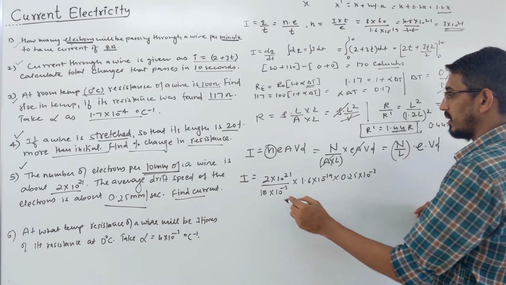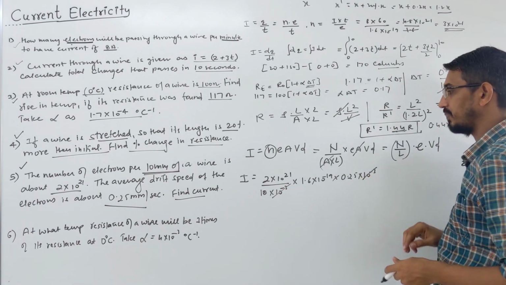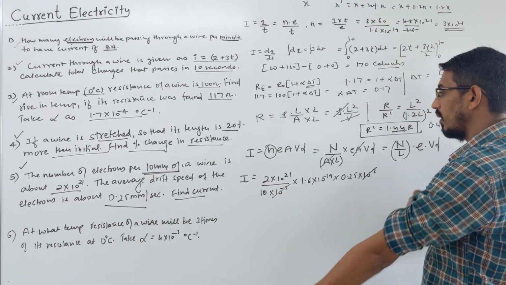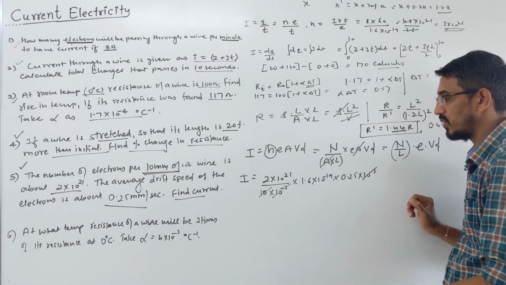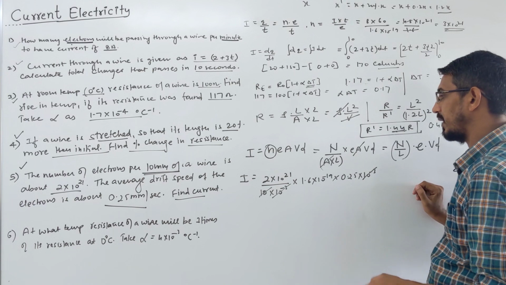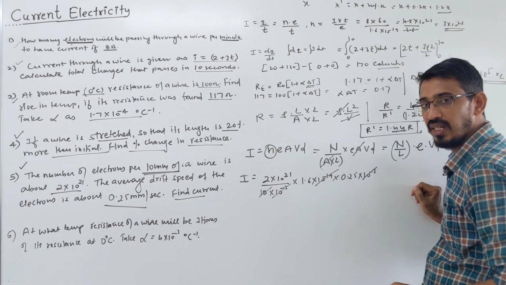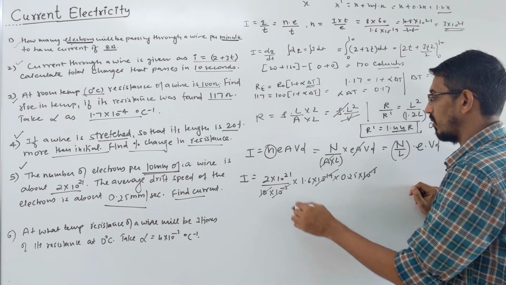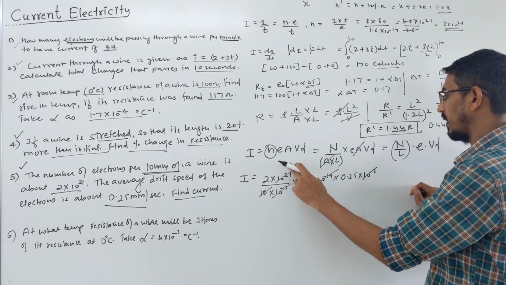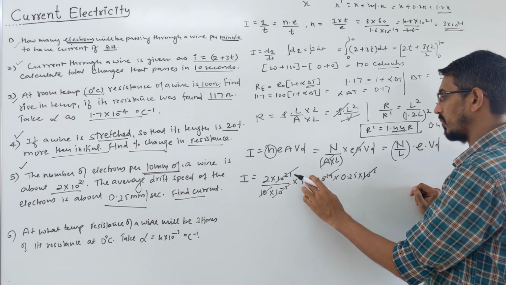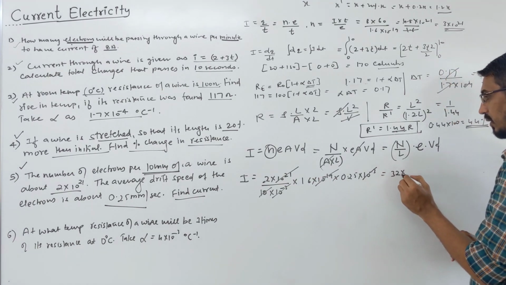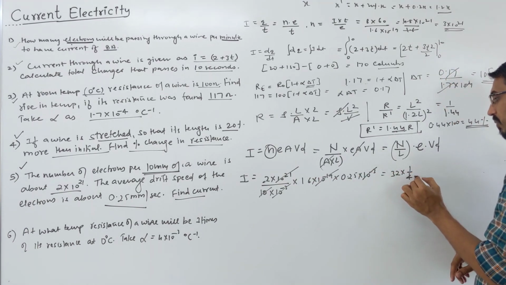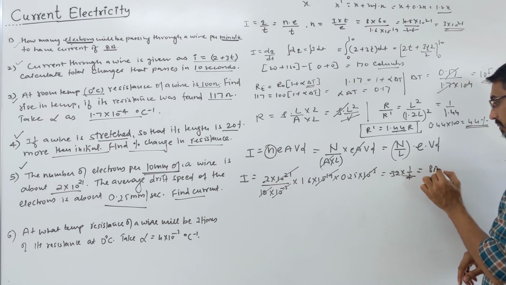Simplify: the powers move, and it becomes 10 power minus 20. Remove the decimals: 2 into 16 is 32, into 0.5, which is 1 by 4, becomes 8 ampere. That's all.